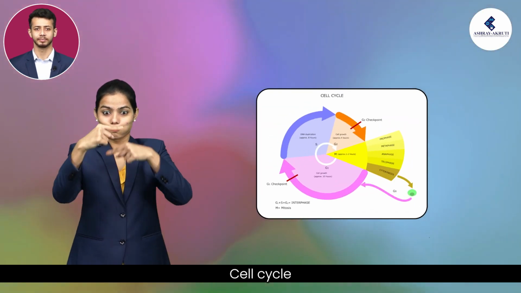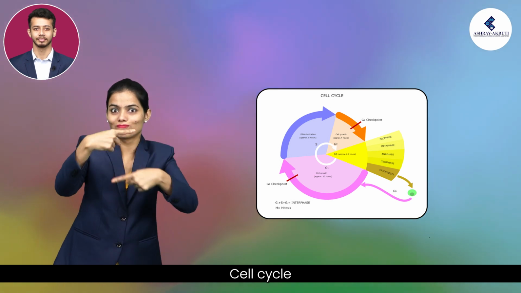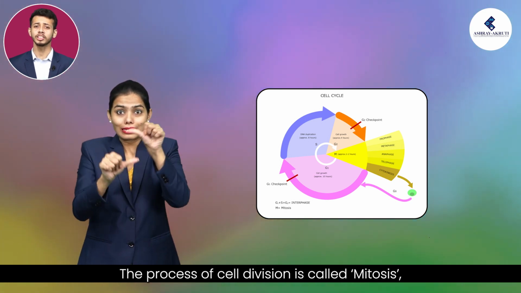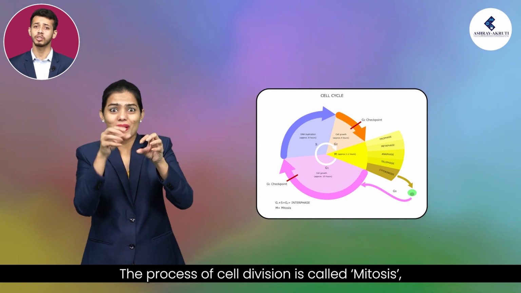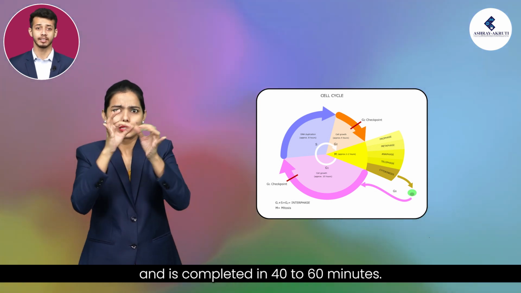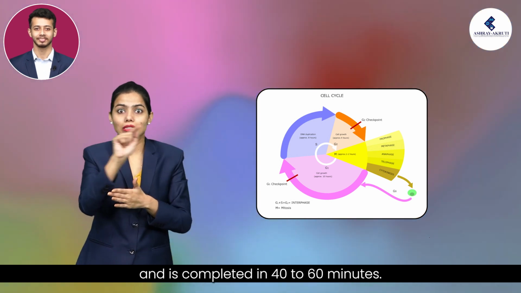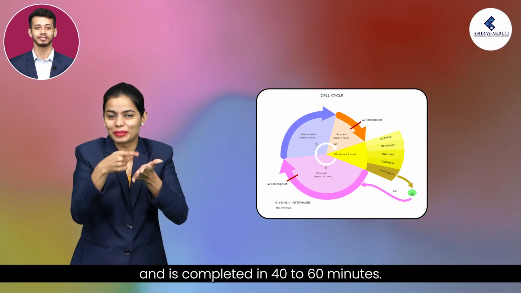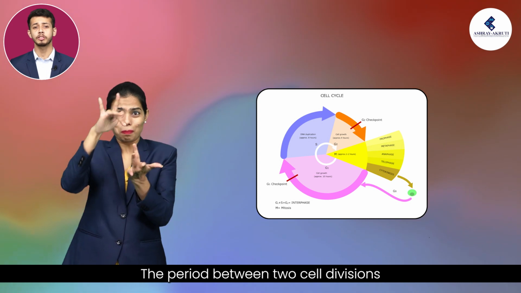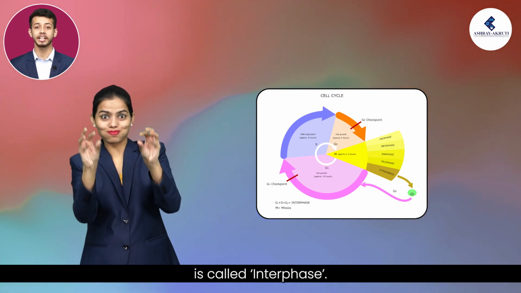Cell cycle. The process of cell division is called mitosis and is completed in 40 to 60 minutes. The period between two cell divisions is called interphase.